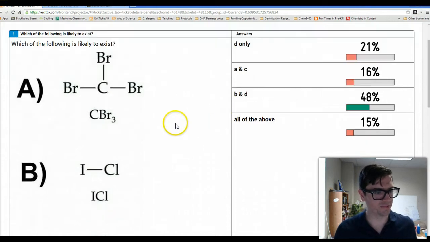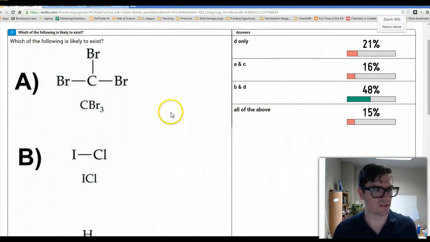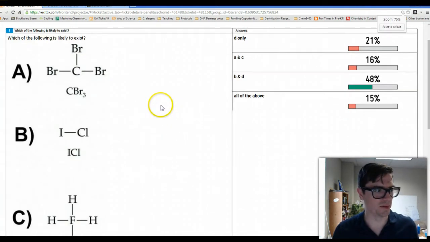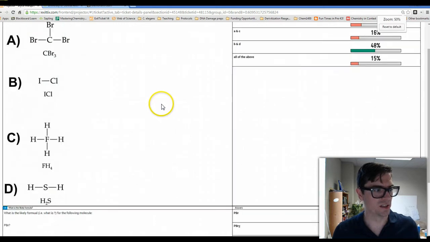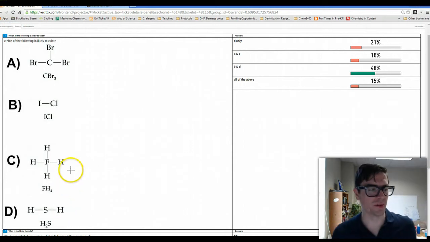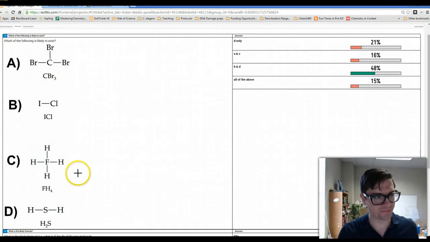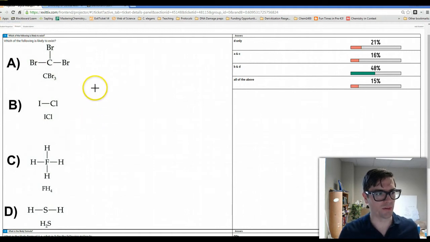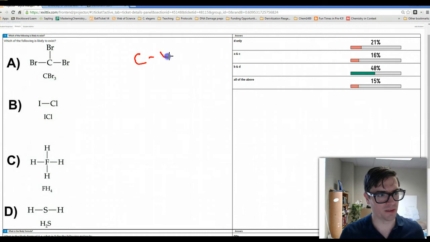This first one, I think some people had problems with these images, and I apologize that this zoomed out on your phones or whatever. It's easier to see on computers, I think. Excuse me. The question is, which of these are likely to exist? You have to remember how many bonds everything forms. Remember we said that carbon likes to form 4 bonds.